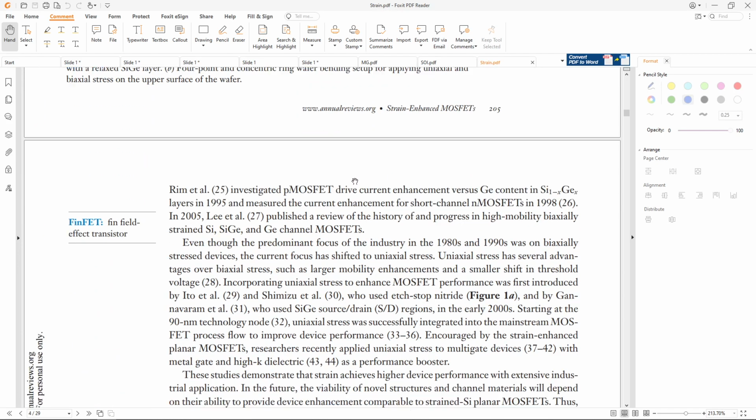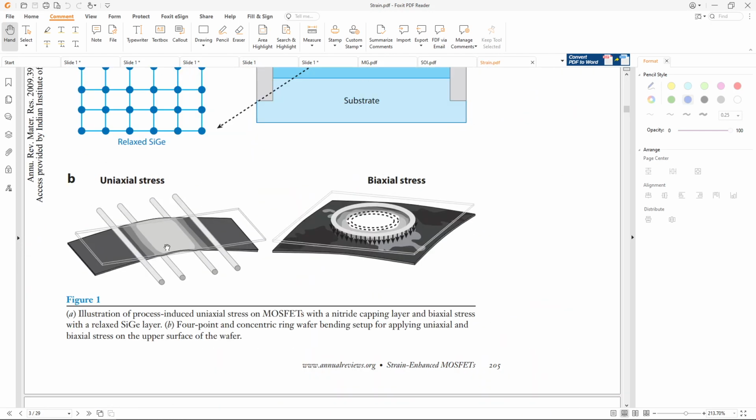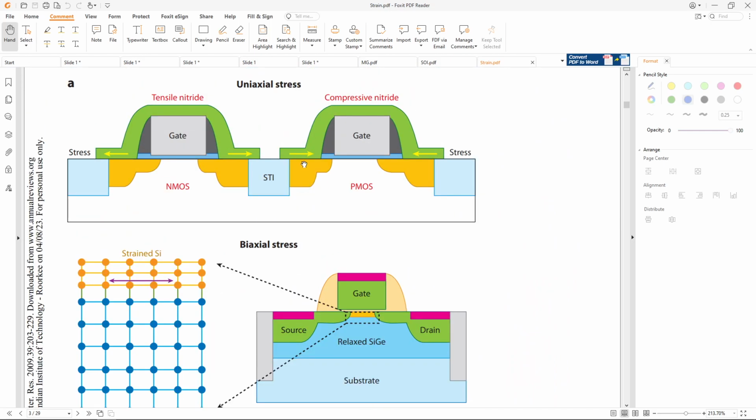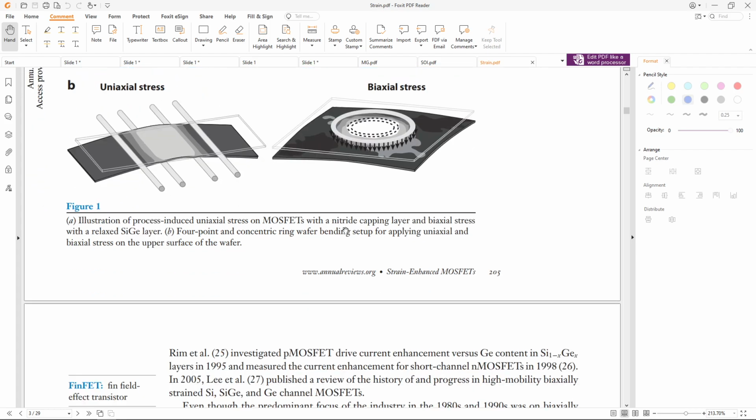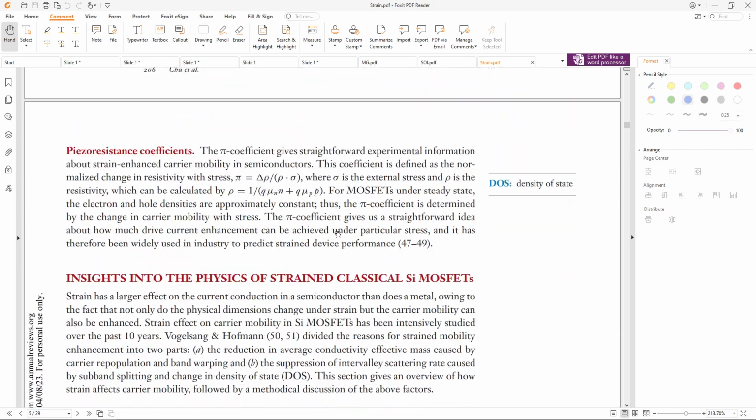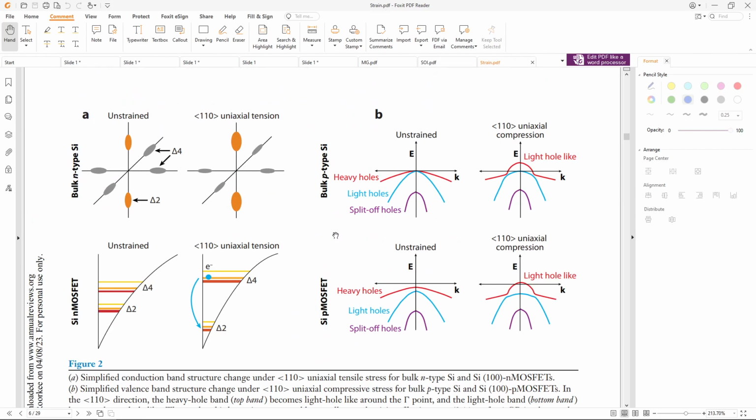These are the several geometries for uniaxial stresses and strains. We use a deposit like this kind of geometry. For biaxial, we deposit a ring, essentially. And because of that, what happens?